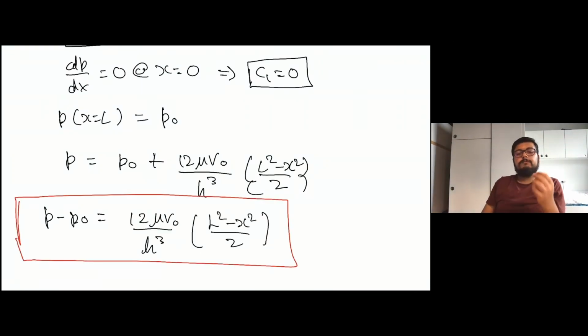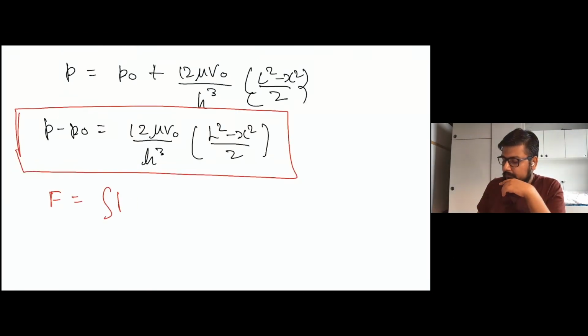So in this problem, we knew the evolution of h as a function of time, and then we were able to calculate the pressure inside the thin gap. What we can also do is to calculate the force being applied on the top plate, and that will be nothing but this value.